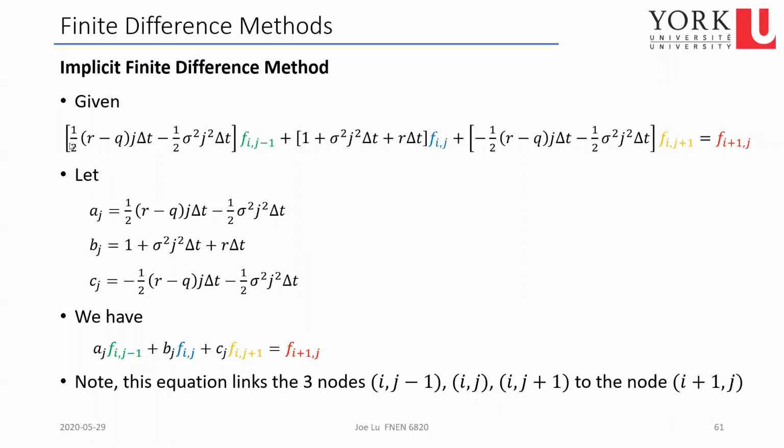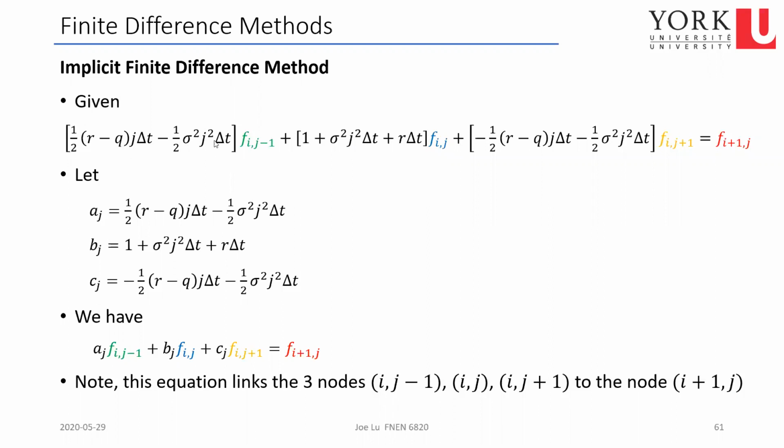For those terms in the square bracket, they're just numbers that you can calculate because you know all those things. You know which node you are at, some i and j for that particular node. You can calculate this number because you know delta t, you know j, you know sigma, you know r, you know q.